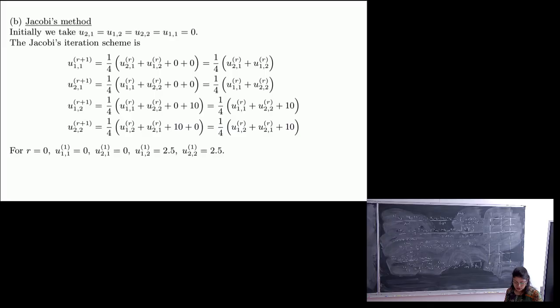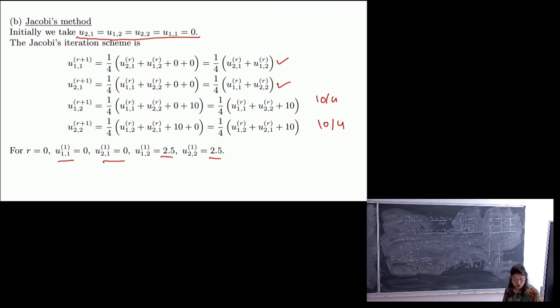If I assume that my initial iteration is 0 here, clearly this will be 0, this will be 0, this will be 10 by 4 and this will be 10 by 4. So, that is what I am getting here, this is 2.5, 2.5 and 0 and 0 for r is equal to 0, the first iteration.